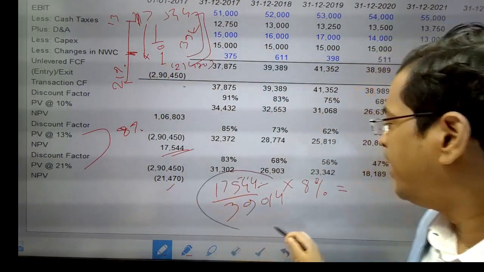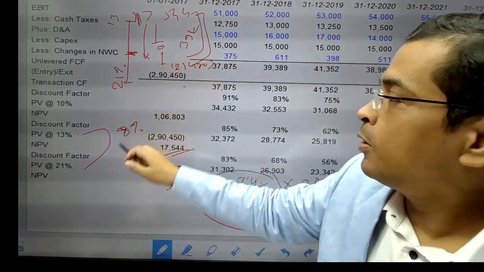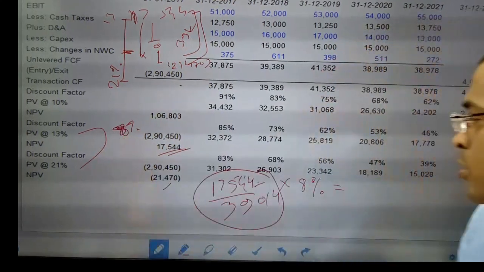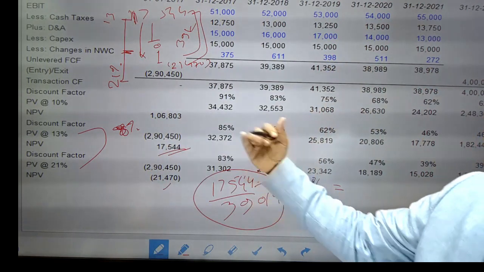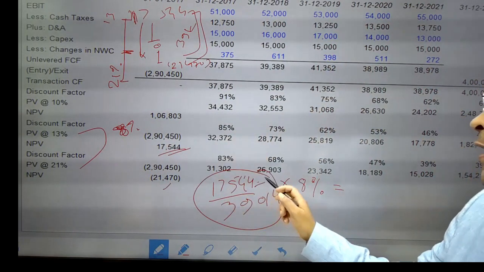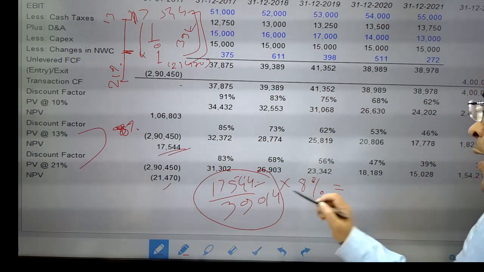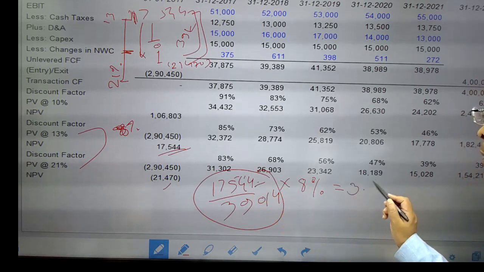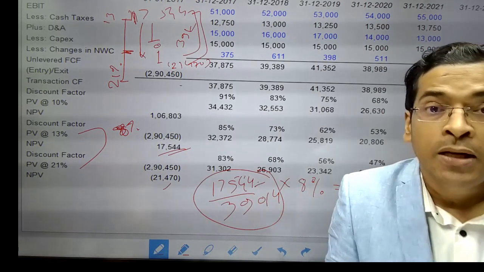So we take this factor, and since this fall has come because of this 8%, we will just take a proportion of 8% in order to know the IRR. So if you do this, you'll find out the 8% times this number is 3.6%.